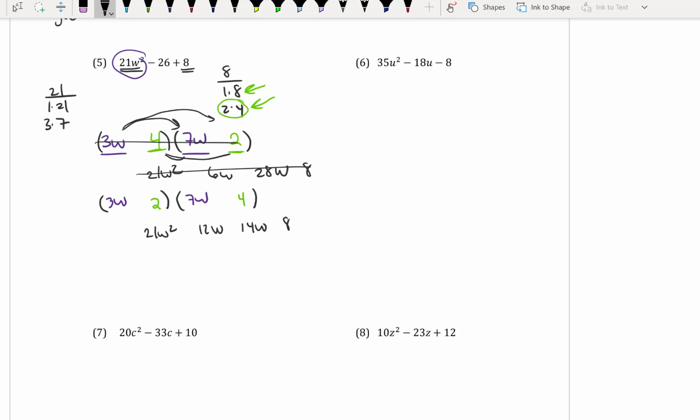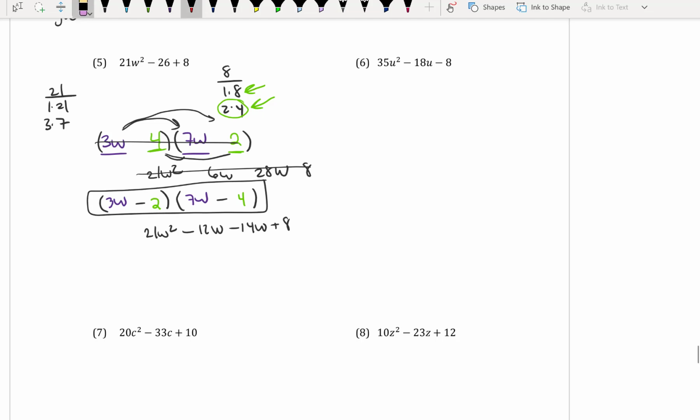But since I want a negative 26, then it would have to be both negative. And a negative 2 times a negative 4 would give me a positive 8. So now I would definitely have my answer as a 3W minus 2 times a 7W minus 4.